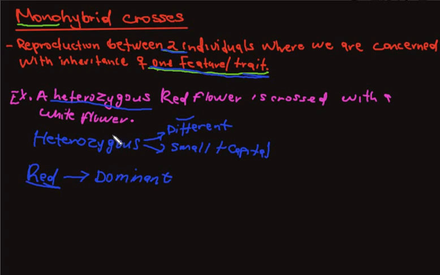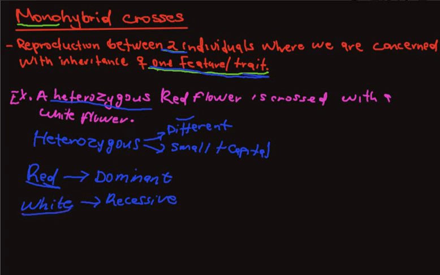Okay, let's move forward. A heterozygous red flower is crossed with a white flower. Now we get the second color, which is white. Meaning white is recessive. Why do we say white is recessive?